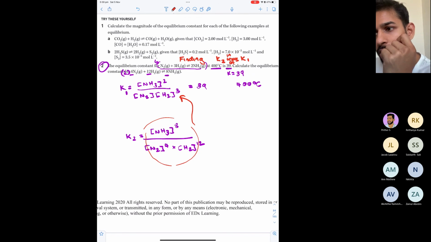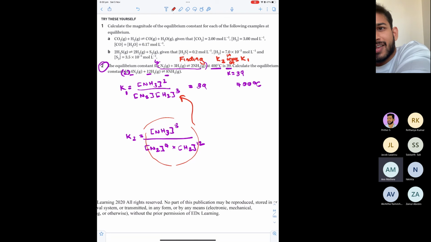Can anyone tell me, what do I need to do to K1 to get to K2? Sid? Divide everything by 4. Very close, but you made the silly mistake that I don't want you guys to make. Anne? I was going to say times, or maybe to the power of 4. Good.